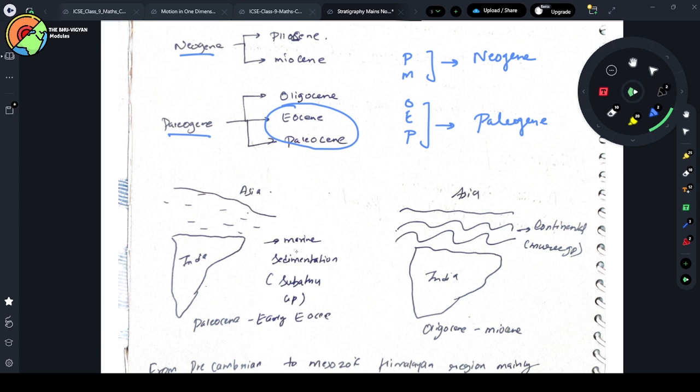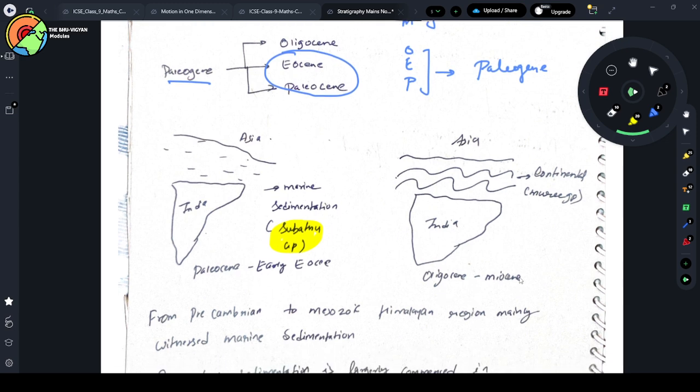So there was a lot of marine sedimentation during this time, which is known as the Subathu group. Now during the Oligocene and Miocene we see the continental collision occurred, and we see the Murree group in this time. So the Murree group is deposited during this time.